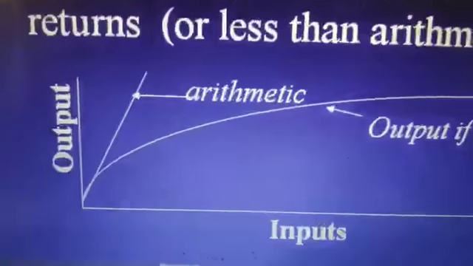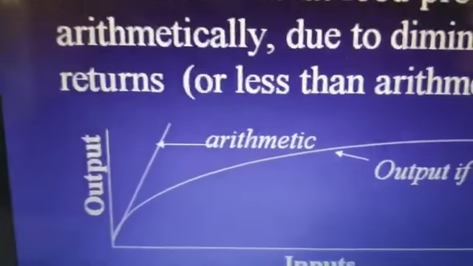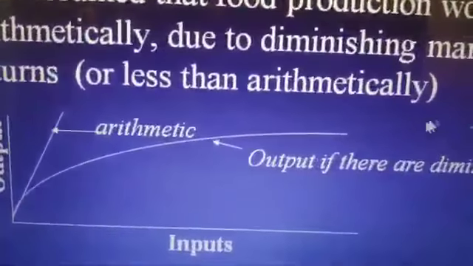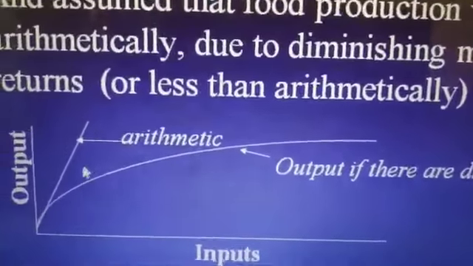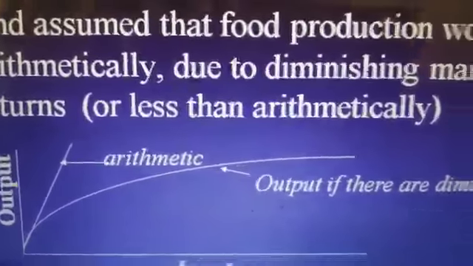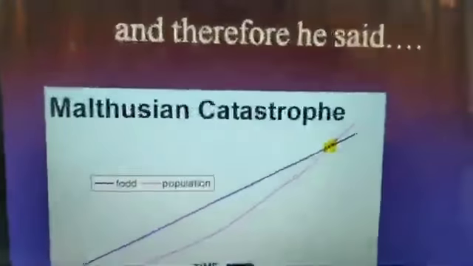When you see the arithmetic progression, it is like this, diagonally increasing food production. But due to diminishing returns, this graph may be like this also. You can see this is this one. So in the long term, food production may be even less than arithmetic. This was Malthus' theory.